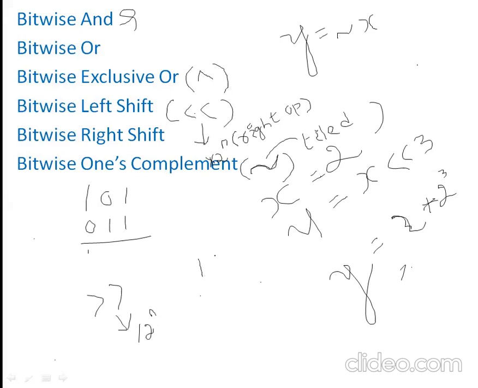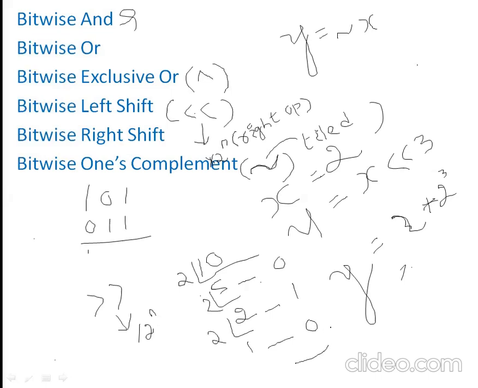Let us check. Suppose there is 10. If I divide by 2, how much? 5, remainder is 0. Then if I divide by 2, 2 remainder 1. If I divide by 2, 1, remainder 0.